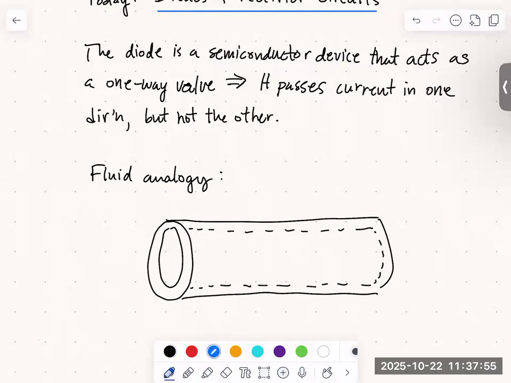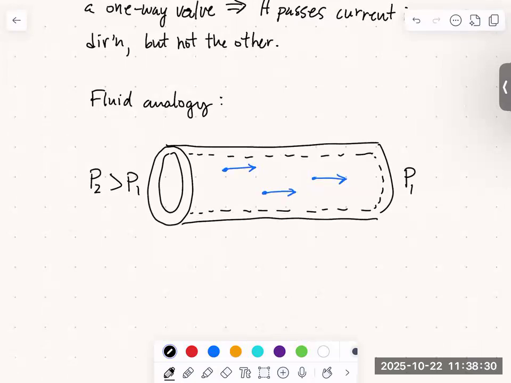If I want to flow fluid through this pipe, I have to provide a pressure difference to drive that flow of fluid. So if I say that over here we're at pressure P1, and I want to flow the fluid from left to right, I have to make the pressure on the left, P2, bigger than P1. In this sense, pressure differences drive the flow of fluid, or the mass flow. That's analogous to voltage differences driving the flow of charge or an electric current.